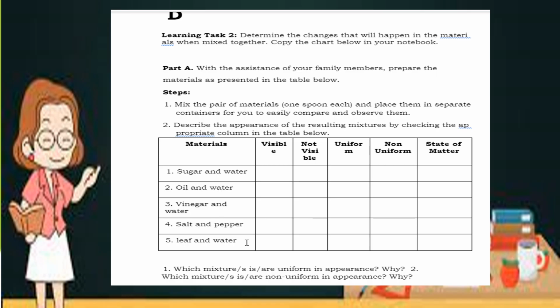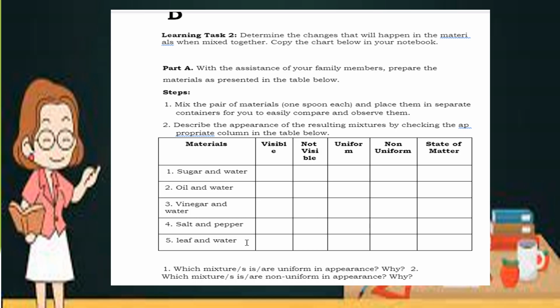The steps are: 1. Mix the pair of materials, 1 spoon each, and place them in separate containers for you to easily compare and observe them. 2. Describe the appearance of the resulting mixtures by checking the appropriate column in the table below.